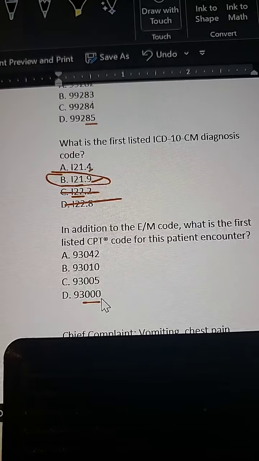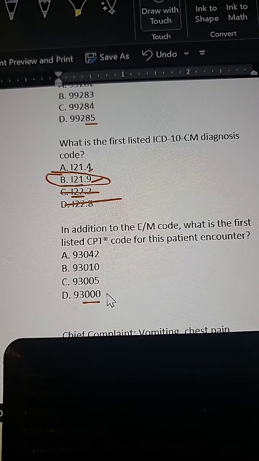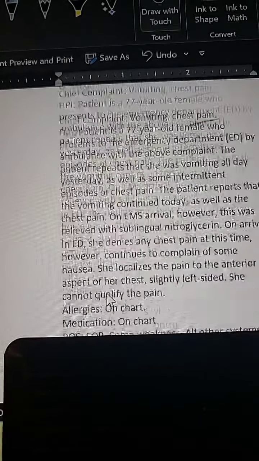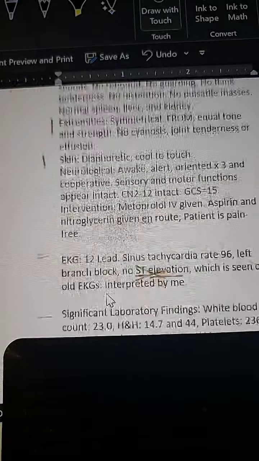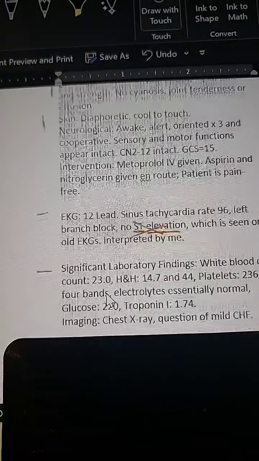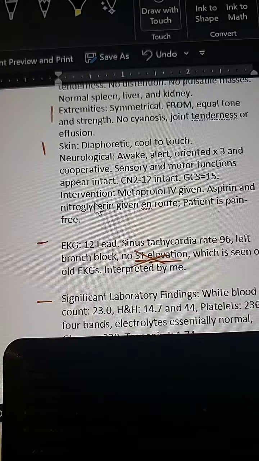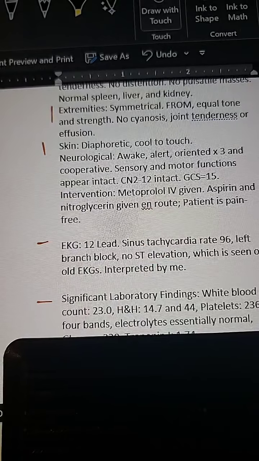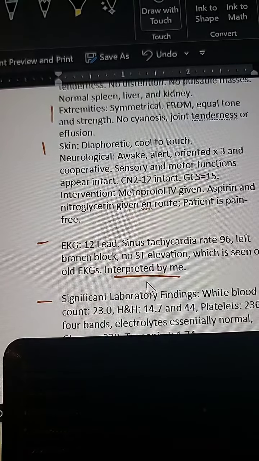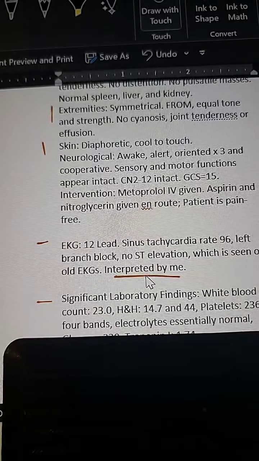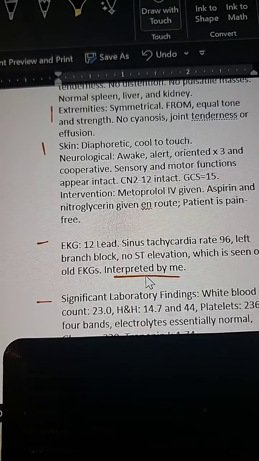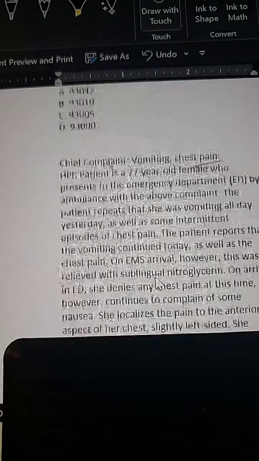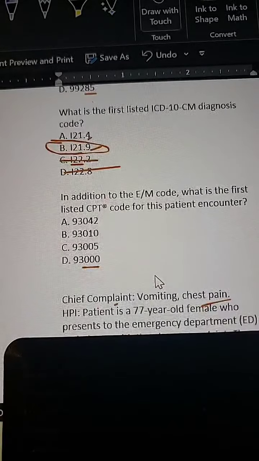So we need to know, was it done with an interpretation and report, or by itself, or what? What did it say? It said EKG. Who read the report? Interpreted by me, whoever's dictating this. That's important for coding, knowing who's going to interpret it.